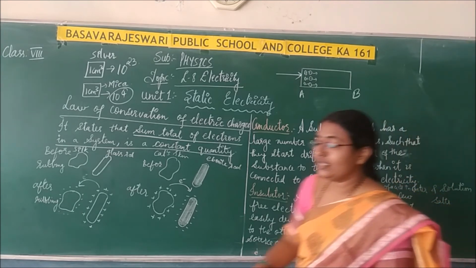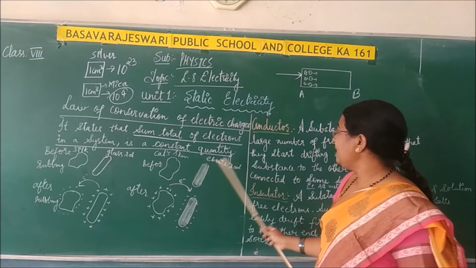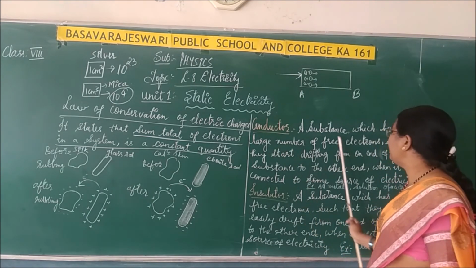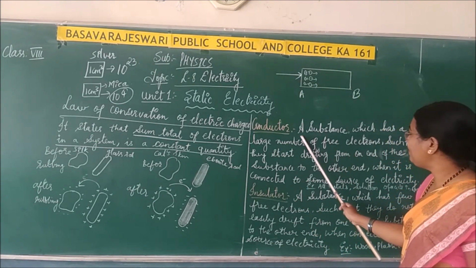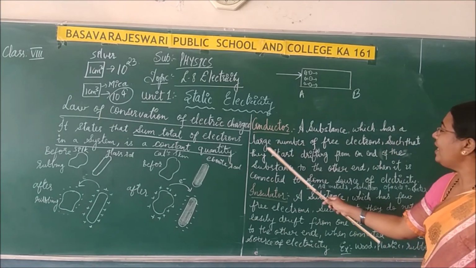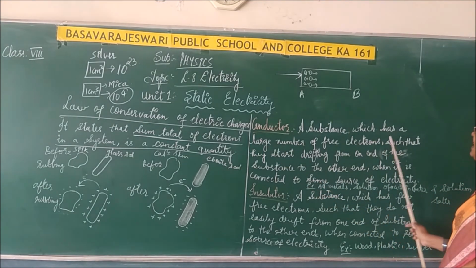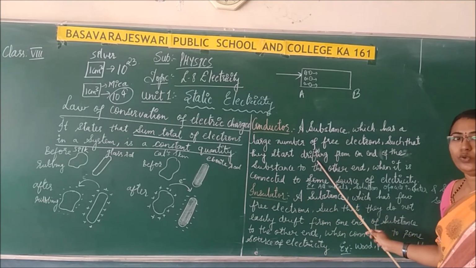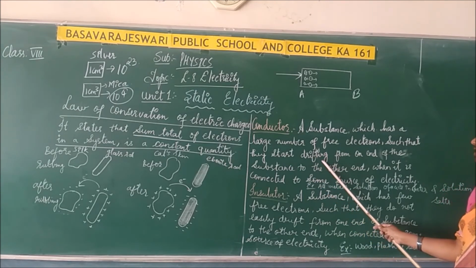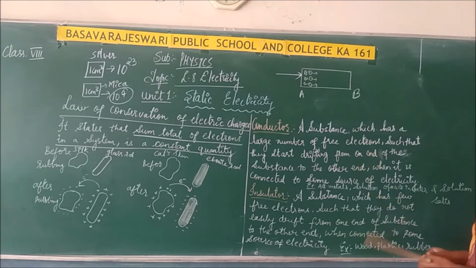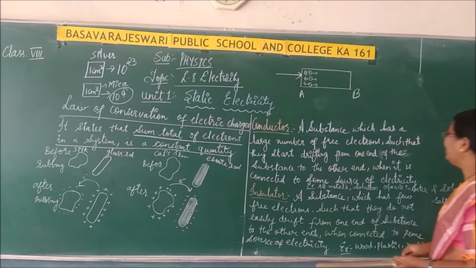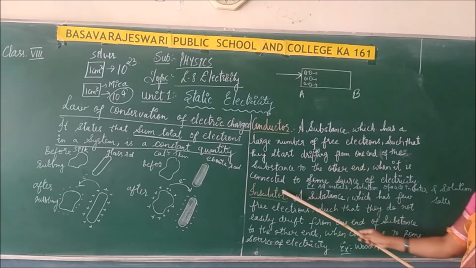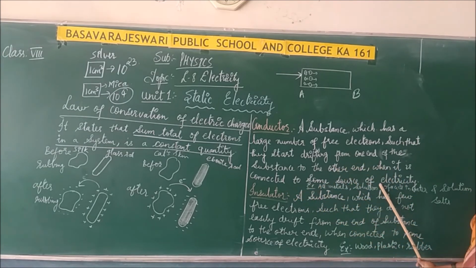So let us look at the definition here. A substance which has a large number of free electrons such that they start drifting. Drifting means moving. Such that they start drifting from one end of the substance to the other end when it is connected to some source of electricity.